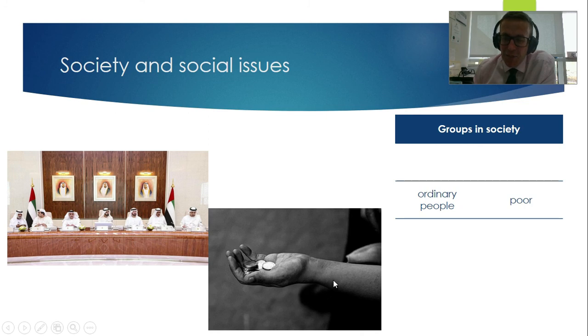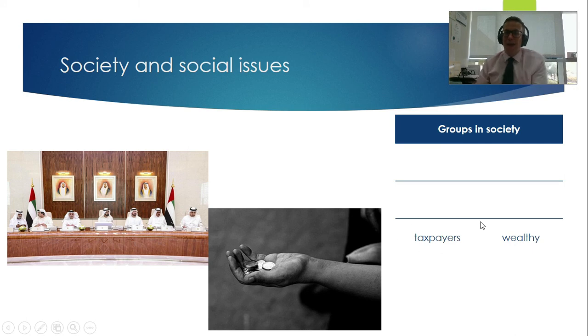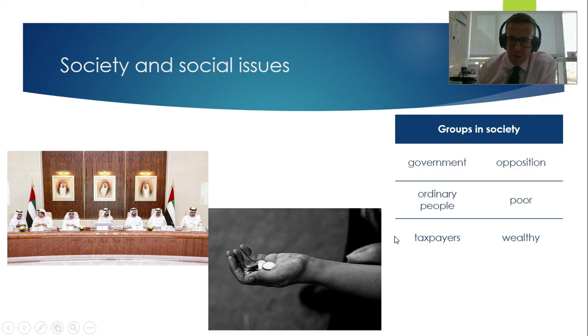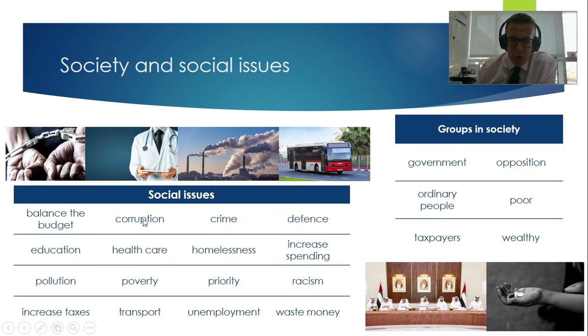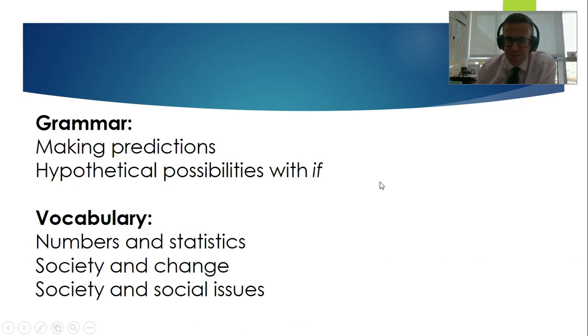Then you have the poor, people without money, which is in this picture here. Taxpayers are people who pay money to the government with their houses and their salaries and things like this. And then the wealthy, another word for rich people. Okay, so learn all these social issues and groups in society to be able to talk about these issues.